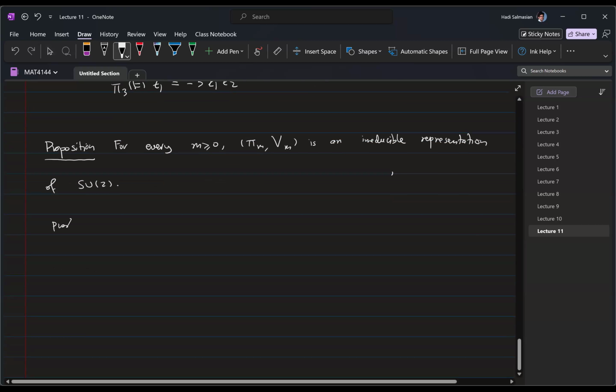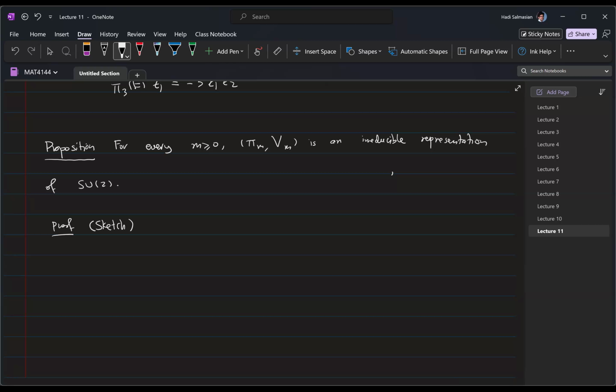Let's prove this assertion. I'll give a sketch of the proof. I don't want complicated details. The idea is more important than the little details, so listen carefully to learn the main idea.